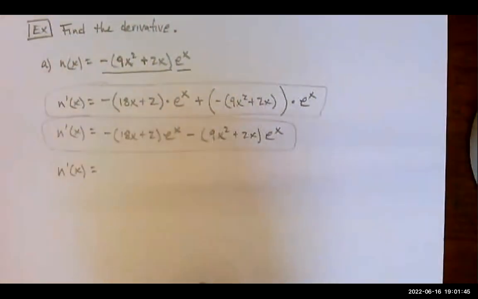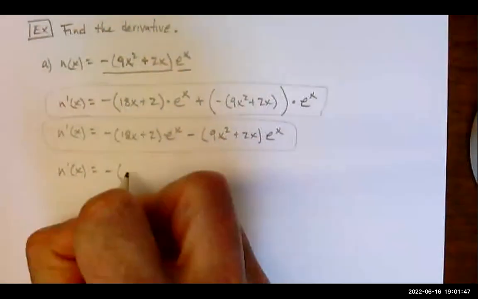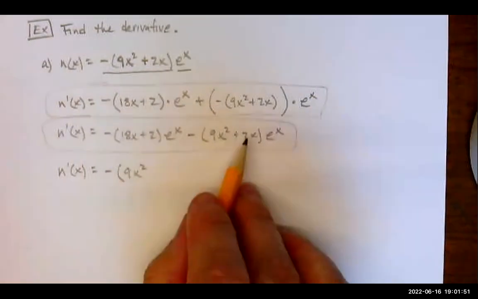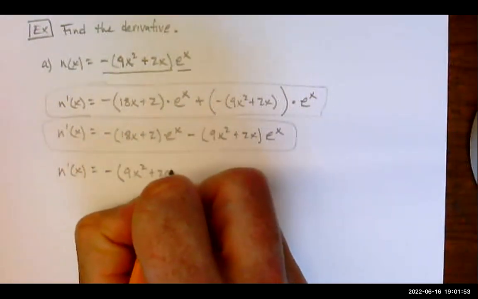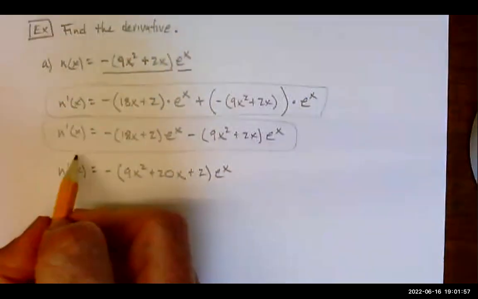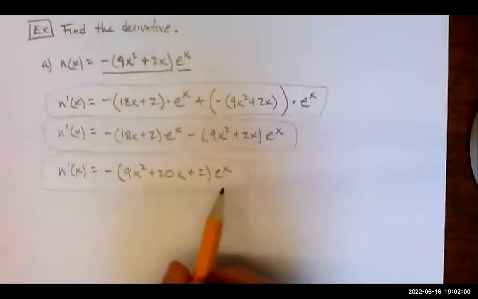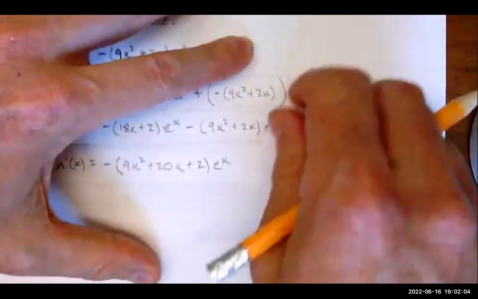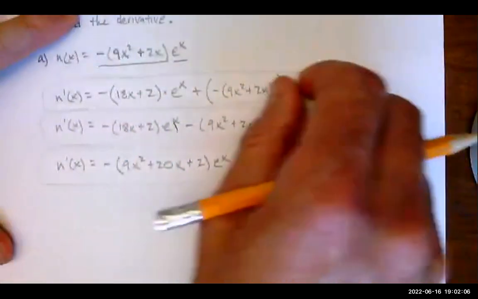Okay, so the negative can factor, and then we'd have 9x squared plus 18x plus 2x is plus 20x plus 2. All right. Yeah, that does look a little bit better. I kind of like this one as simplified. Let's get rid of this box.